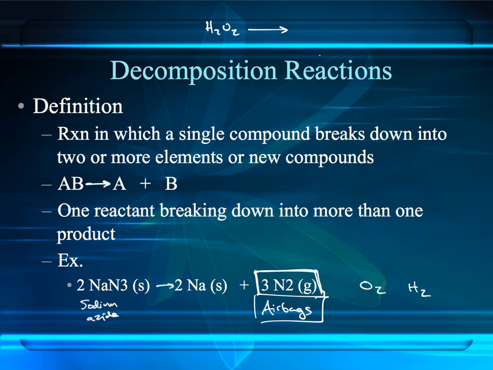It's probably in a brown bottle. And why is that? Well, it's because over time it is sensitive to light and it will break down. You're going to get a couple of products here. You're going to get water, and you're going to get oxygen gas. So they actually use hydrogen peroxide as a source of pure oxygen gas if you know what you're doing with it.